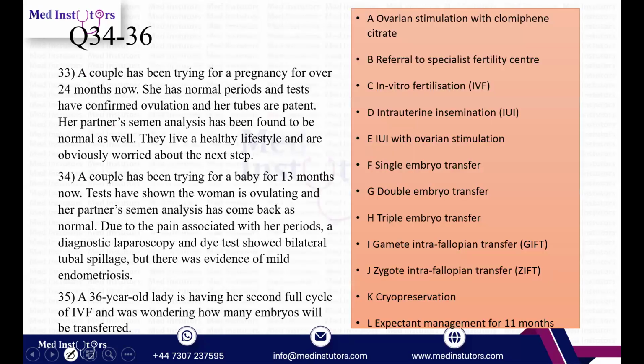Oh, it's here. The slides were mixed up. This is subfertility. So 24 months is the clincher. And remember, they've not given you age here.